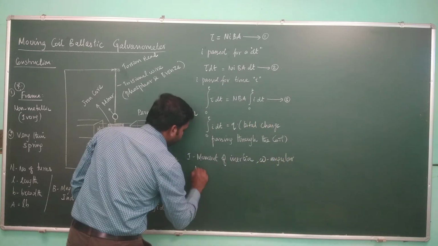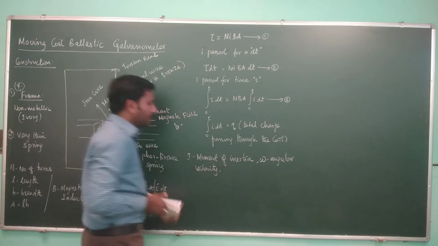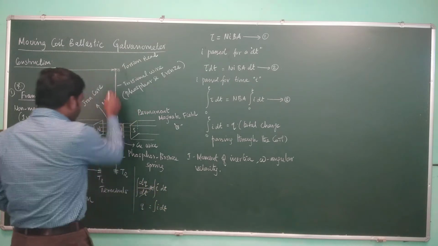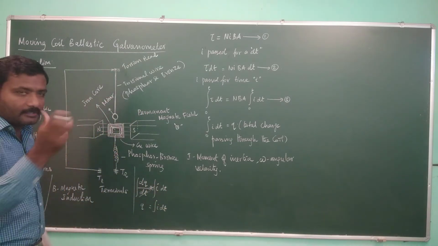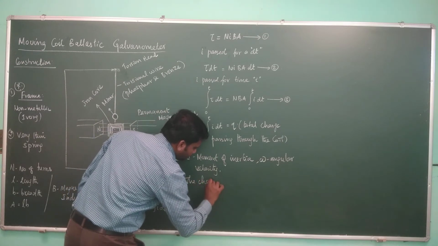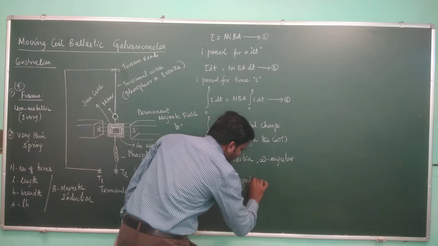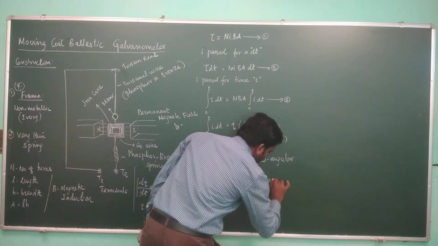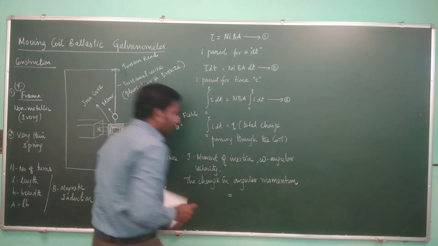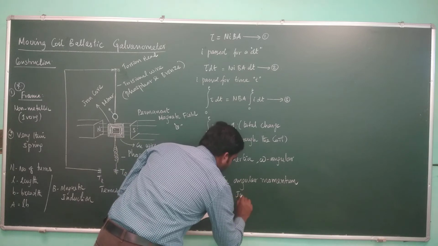In that case, the change in angular momentum of the coil for the momentary impulse, you can denote as I omega.